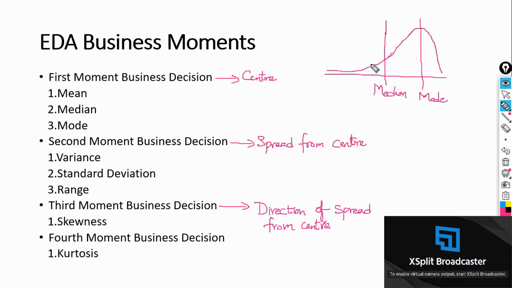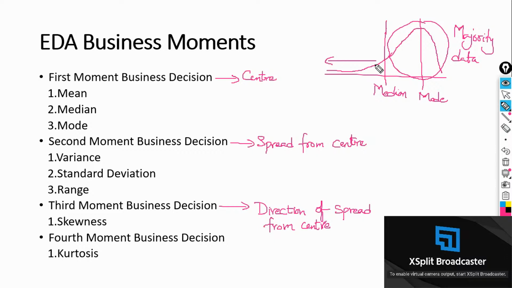So from the center, towards which direction is there a spread? I see there is a long tail towards my left side, and towards my right side the majority of the data lies, because I see a peak. So this is representing the majority of the data.